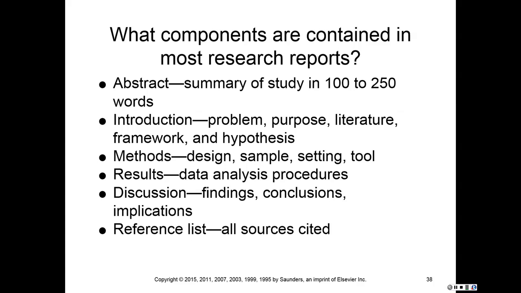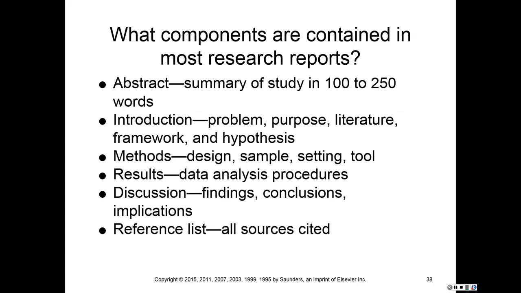When you're reading the journal articles, what components are contained in most research reports? About 6 different items here. There's an abstract, and that's a summary of the study in 100 to 250 words. There's an introduction, which states the problem, the purpose, the literature, framework that will be used, and hypothesis or hypotheses.